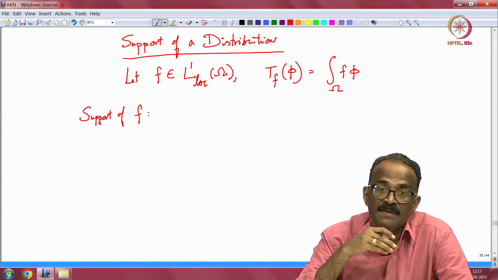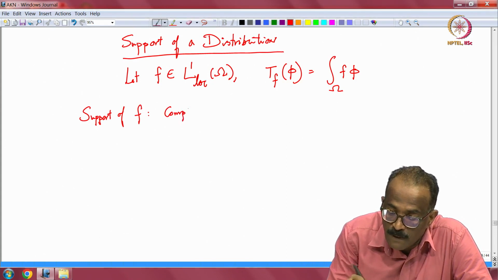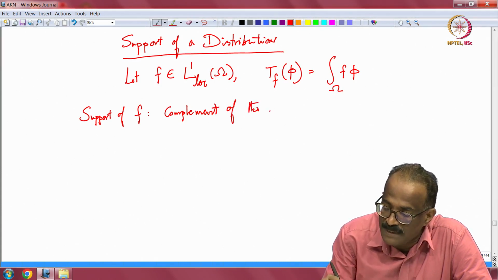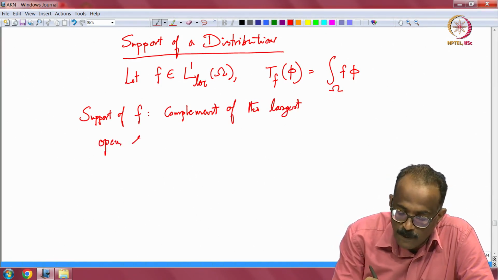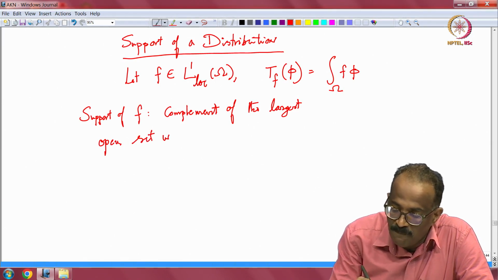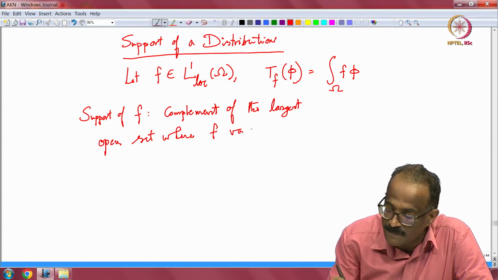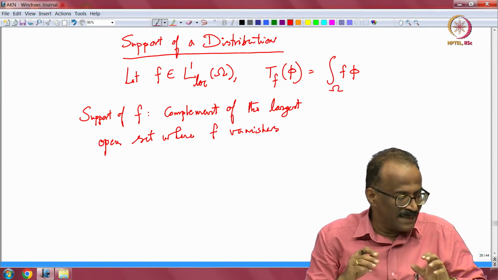But then there is another definition: it is the complement of the largest open set where f vanishes. Okay, so this is the definition.